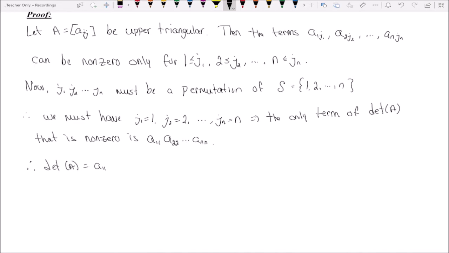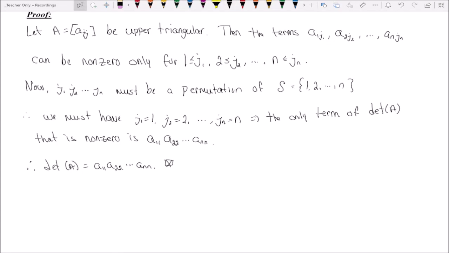This means the determinant of A would be this term plus a bunch of 0 terms. Well, when you add 0 to anything, it's still the same number. So it's just A11, A22 through ANN. This is what we desired. Now the proof for lower triangular is very similar and is left as an exercise. So that completes this proof.